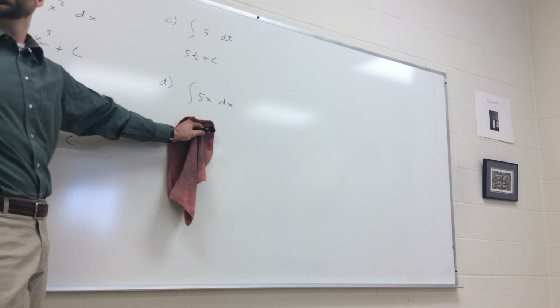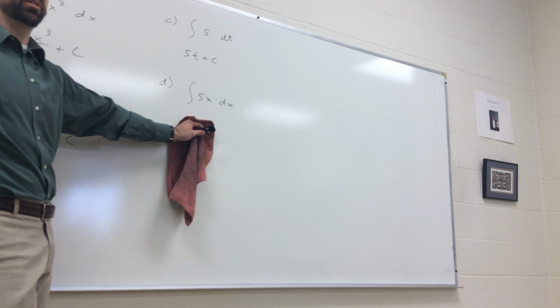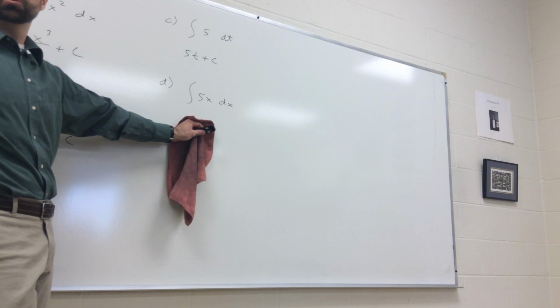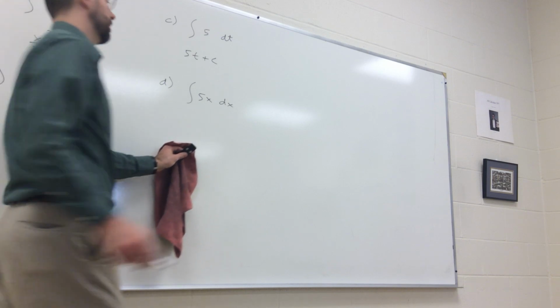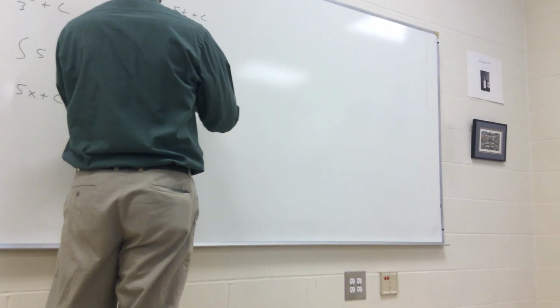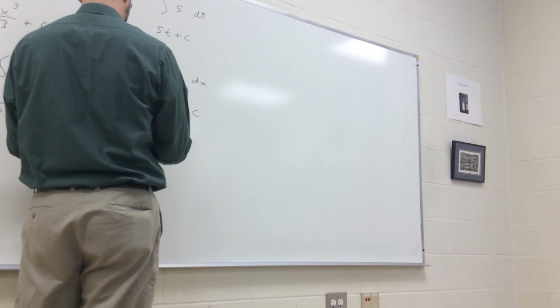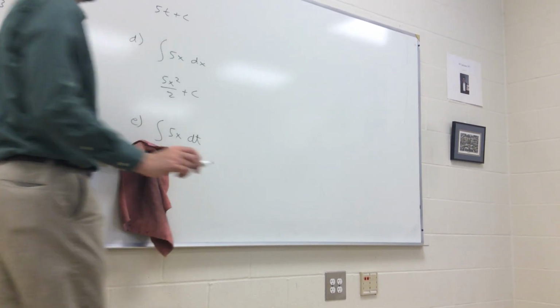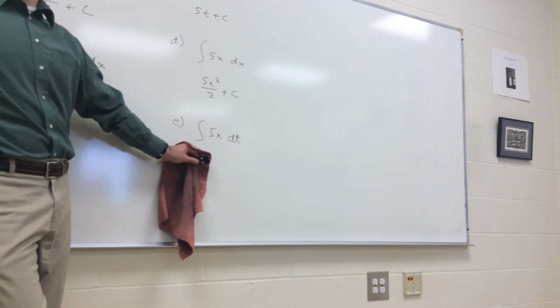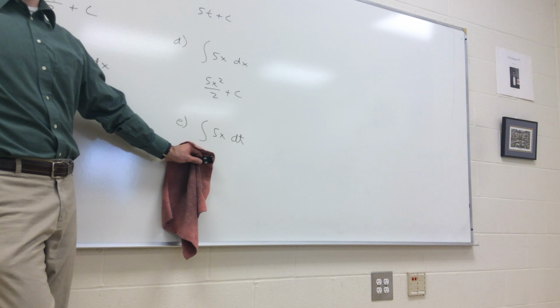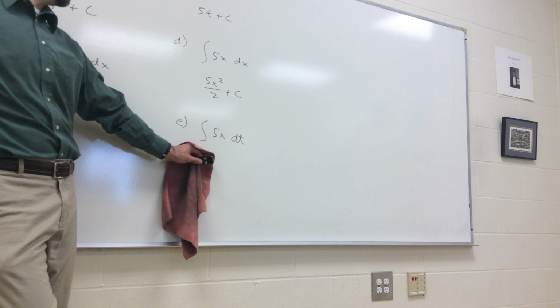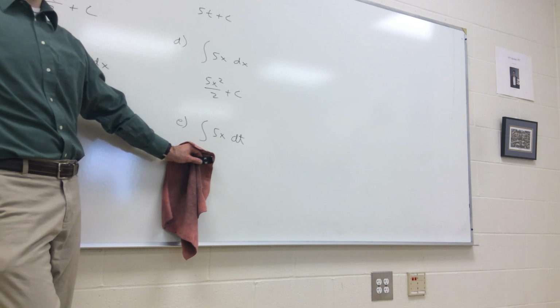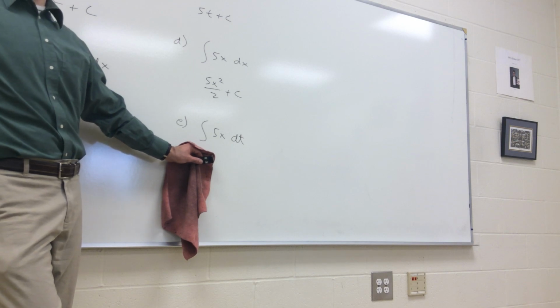So back to a fine one, right? It doesn't really require much thought. 5x squared over 2 plus c, right? So apparently x is not a variable.